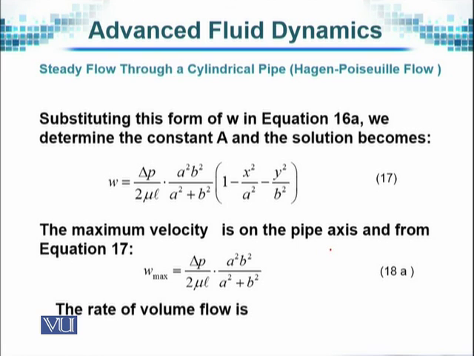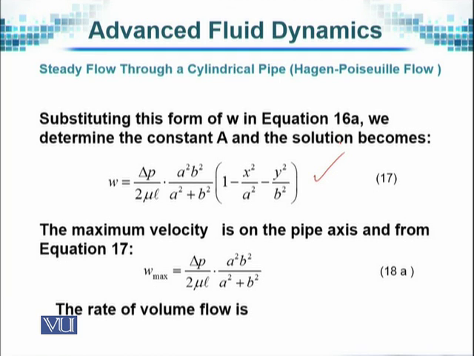And when we obtain the value of the unknown A by substituting the values of the boundary condition, we obtain W to be equal to this, given by equation number 17.